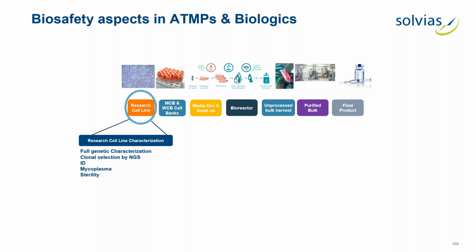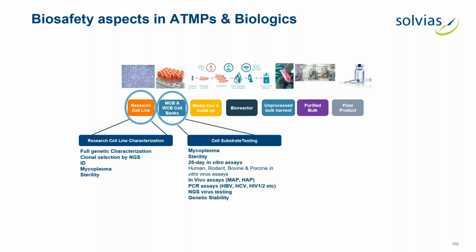And then to make the best clonal selection to reduce your risk of taking the wrong clone forward, you've got ID, mycoplasma, and sterility. And then at the cell substrate testing of master cell bank, working cell bank, and end of production cells, or cells at limit, depending on your terminology, you've got your classic mycoplasma, your sterility, 28-day in vitro assays.